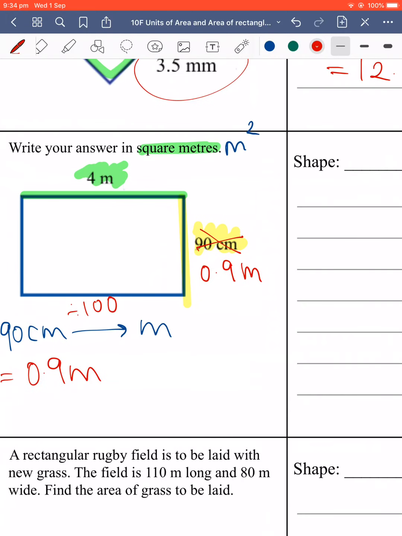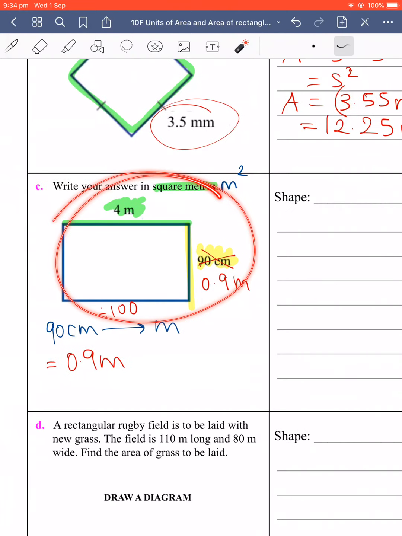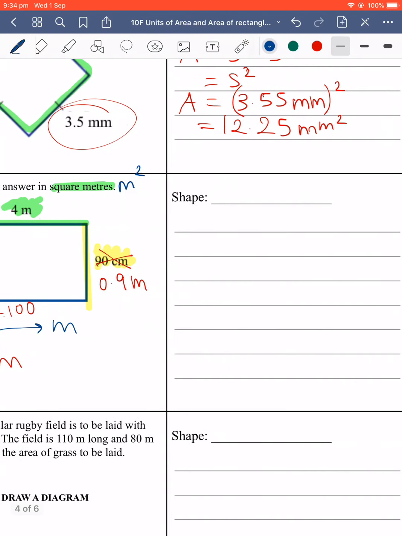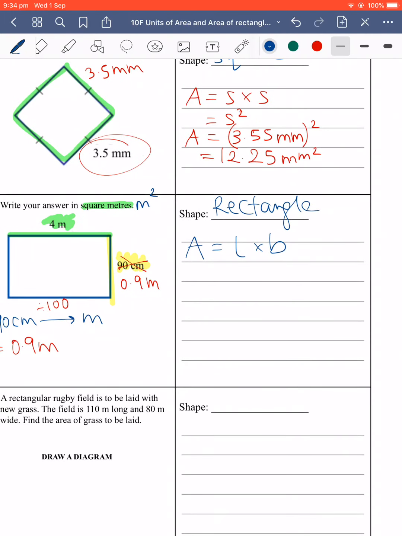Now I can start to actually answer my question. So my shape, as I said before, is actually, in this case, a rectangle. So the really cool thing about a rectangle is for our area, our formula is its length times its breadth. And we said that this one was our length and this one is our breadth. So let's put it in to our formula.